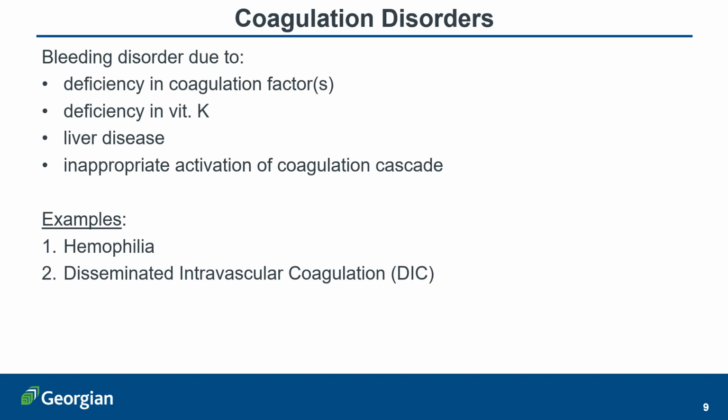Lastly, in DIC, or disseminated intravascular coagulation, you have inappropriate activation of the coagulation cascade that can lead to the depletion of these various coagulation factors and in turn lead to excessive bleeding due to a coagulation disorder. We'll go through all that in the next little while. Specifically, we will be examining hemophilia A and B, as well as disseminated intravascular coagulation, or DIC for short.